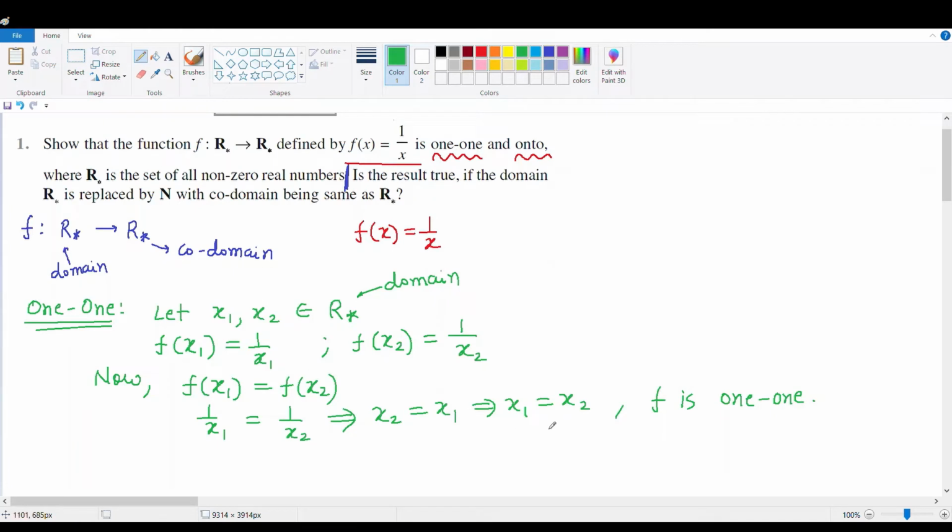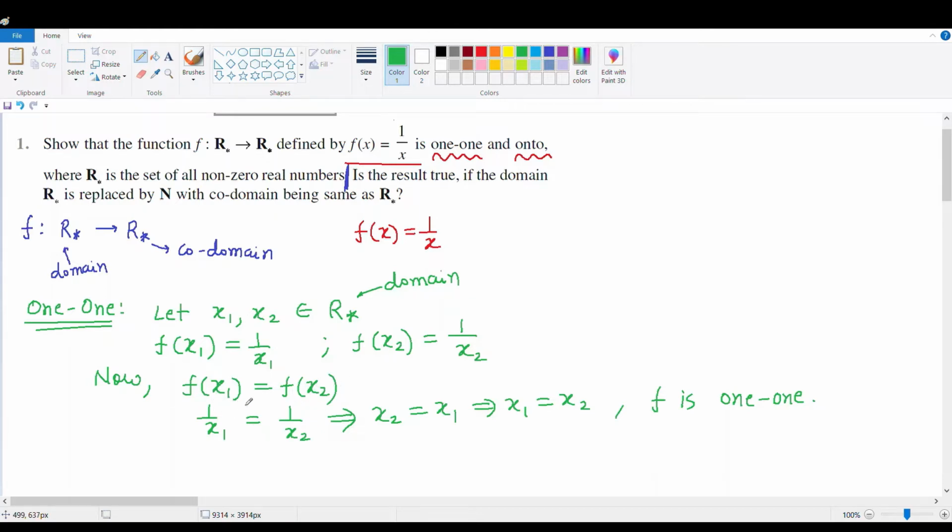So the procedure of proving a function is 1-1 is that you need to take two elements from your domain, then use your function definition to find the function value at that x1 and at that x2, and then assume that both outputs are the same.